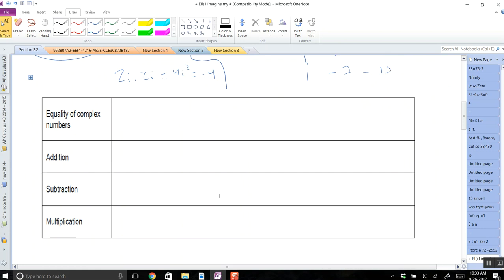Now, for equality of complex numbers, what's meant by this is we're going to be combining complex numbers. So let's say we have a plus bi and c plus di.